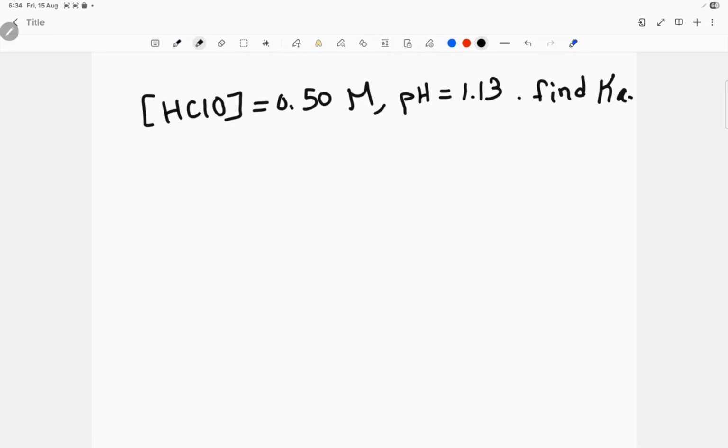They gave us the pH and they want the Ka, unlike the previous question. Here's the trick: before doing anything, we first find the concentration of H plus ourselves using an equation that's not on the equation sheet: 10 to the power of negative pH. Go ahead, do it: 10 to the power of negative 1.13.